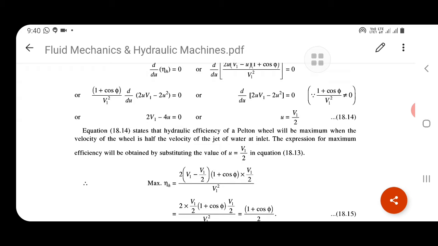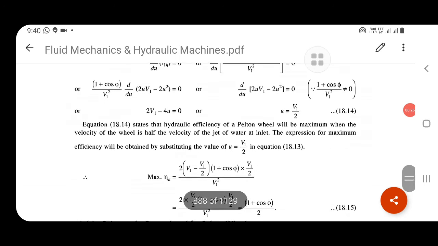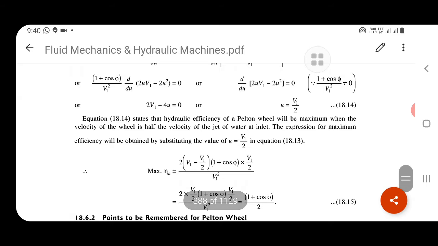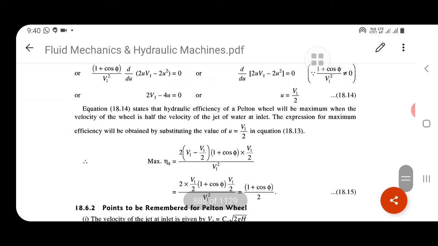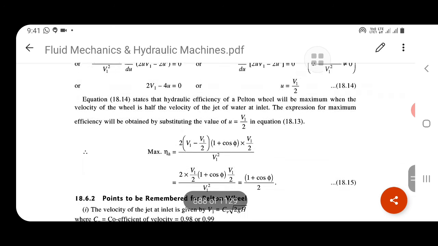This expression is obtained by substituting the value u is equal to V1 by 2 in the efficiency equation. Hydraulic efficiency is equal to 2(V1 minus u)(1 plus cos phi) u upon V1 square.